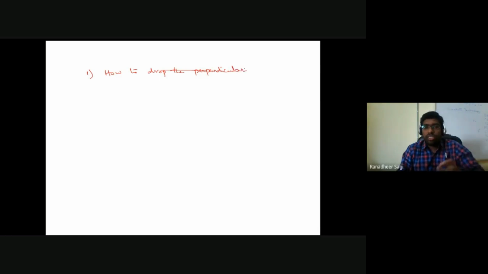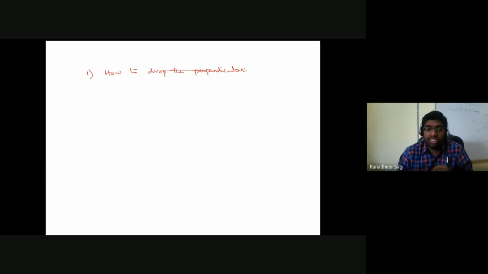Now, my objective is to understand two things here. One is how to drop the perpendicular. Earlier, we simply said, let us assume that I am able to drop a perpendicular from the house position, or the tree position, or your road position onto your main survey line.